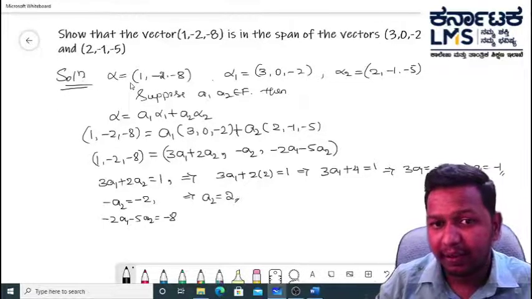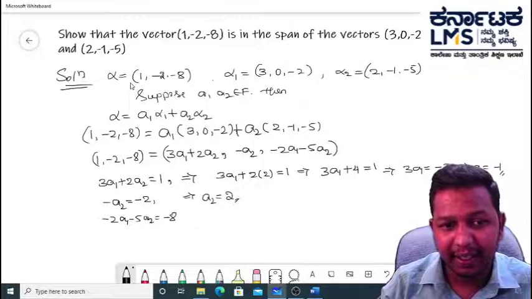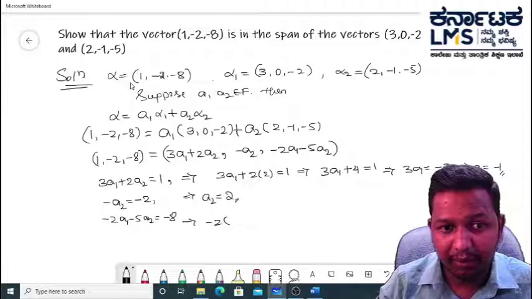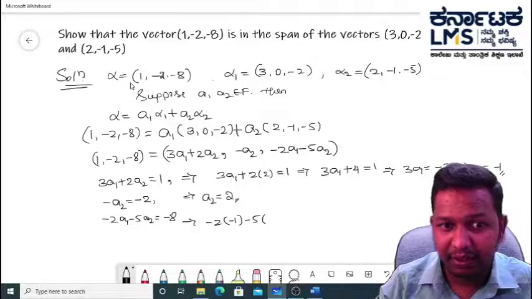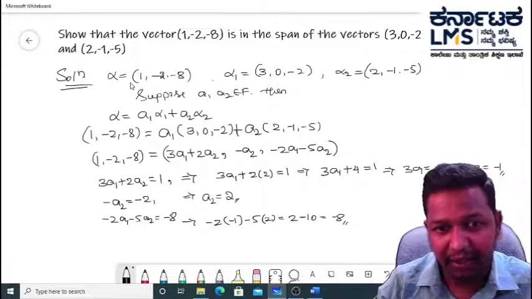Now verify whether a1 and a2 satisfy the last equation. Minus 2 times a1, which is minus 1, minus 5 times a2, which is 2, equals plus 2 minus 10, which is minus 8.